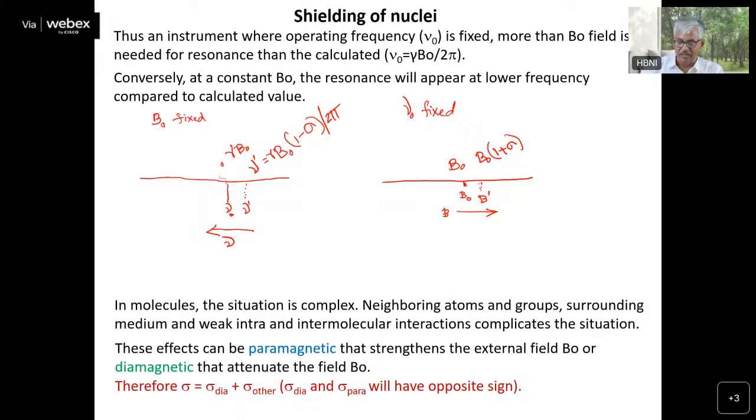So the final shielding constant sigma consists of sigma dia, which comes from the surrounding electrons of the nuclei, plus the shielding constant due to the neighboring atoms, groups and bonds, the surrounding medium, and intra and intermolecular interactions. That gives you sigma other, which can be diamagnetic or paramagnetic. Sigma dia will always be positive, whereas sigma para will be negative.